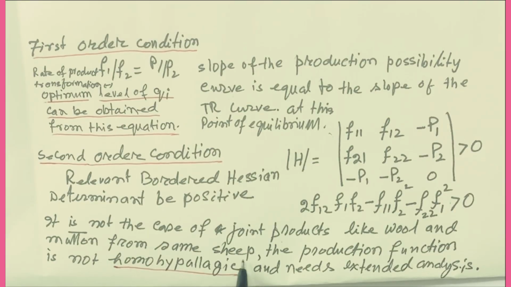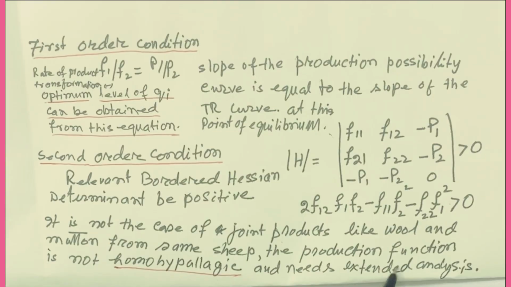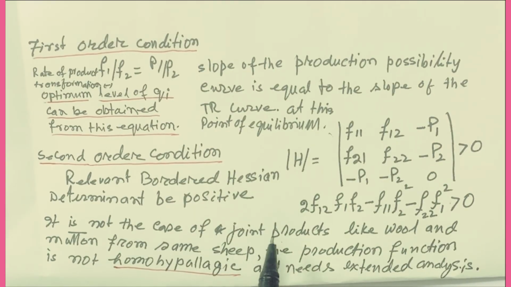So the production function is not homohypergeometric and needs extended analysis. So in joint products it is homohypergeometric, but in this case it is not, so that's why it needs extended analysis.